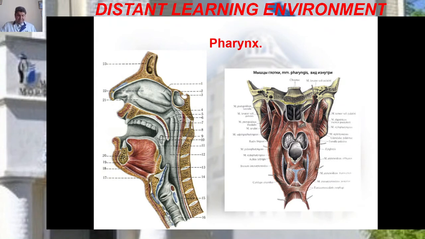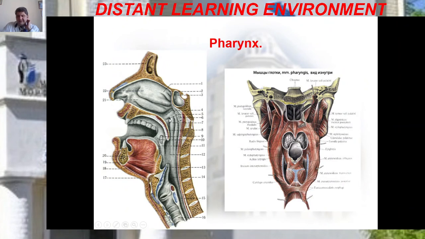So you may see that nasopharynx has choanae with the pharyngeal tonsil here. This is an unpaired tonsil, and also you can see the opening of eustachian tubes here, or auditive tubes.